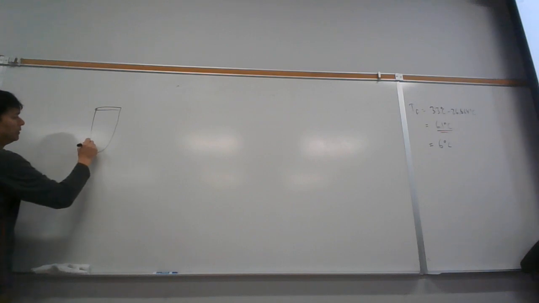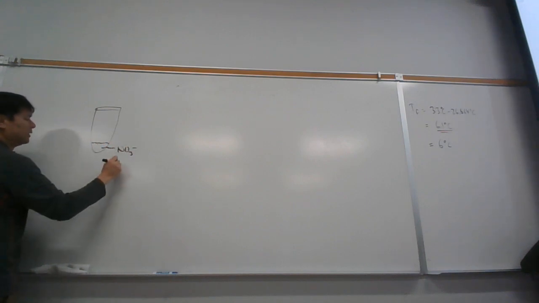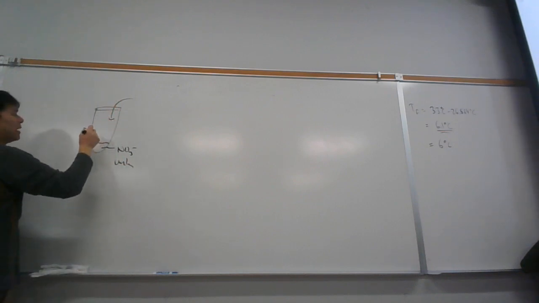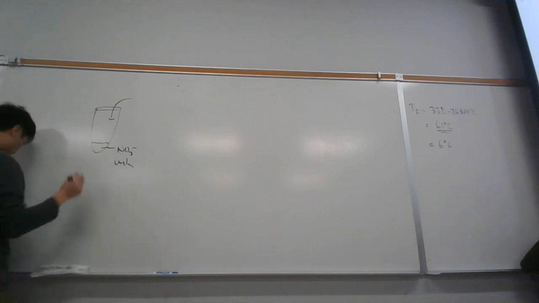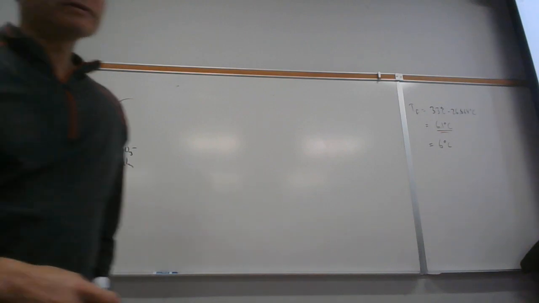Normally for the nitrate test, you just have your nitrate unknown here, and then we add an equal amount of FeSO4 solution, and this will mix. FeSO4 is green if it's fresh. It's iron(II) sulfate.